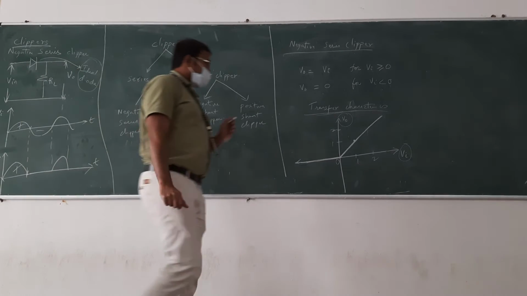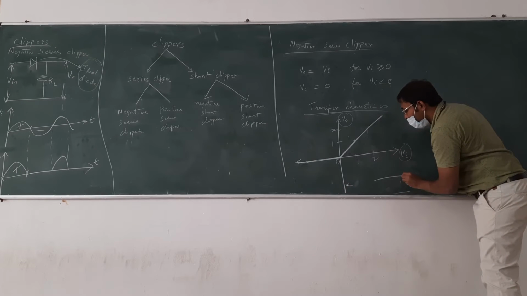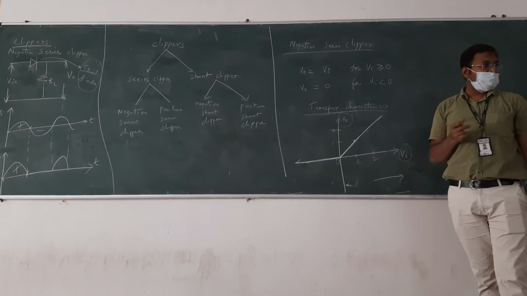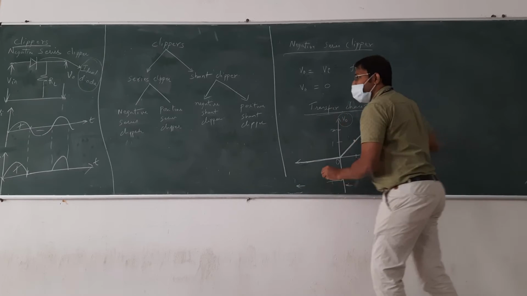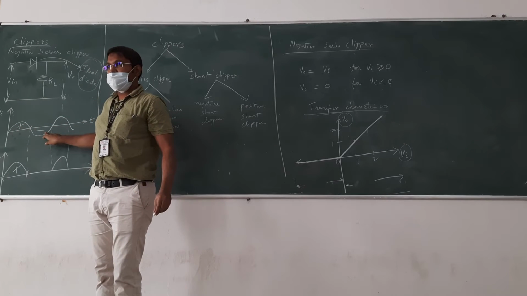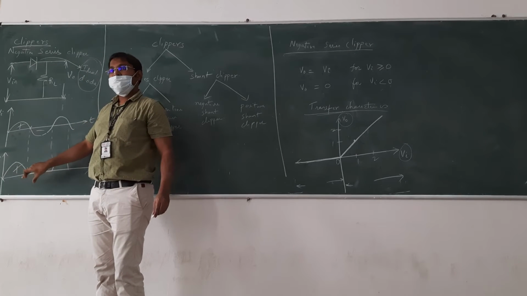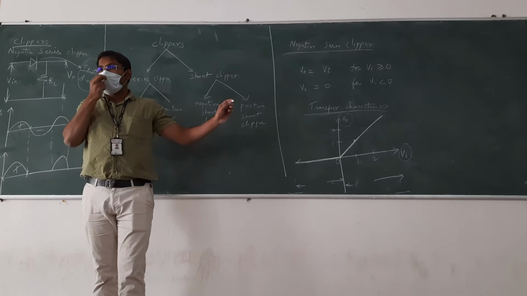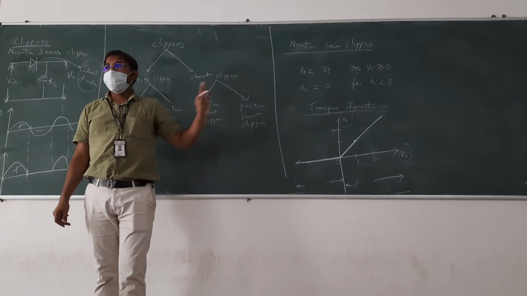Next, I want to mark which region is clipped in the graph. See here what is happening. Input has both positive half cycle and negative half cycle. Positive half cycle is transmitted as it is at the output. Negative half cycle is clipped. So I want to mention transmitted and clipped in the graph.